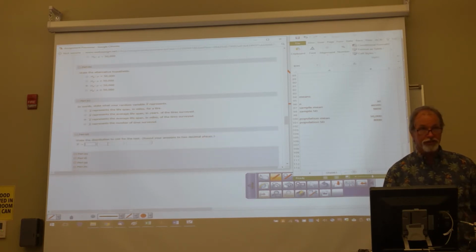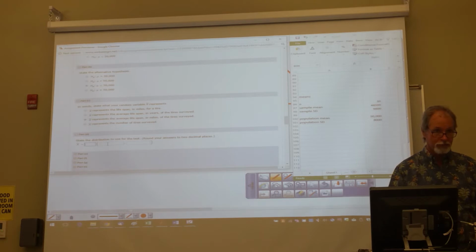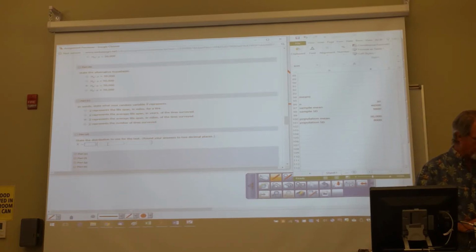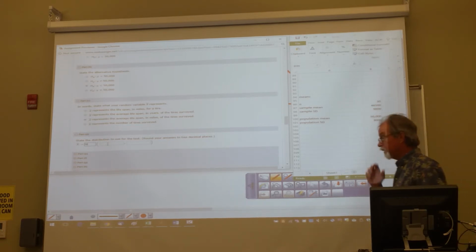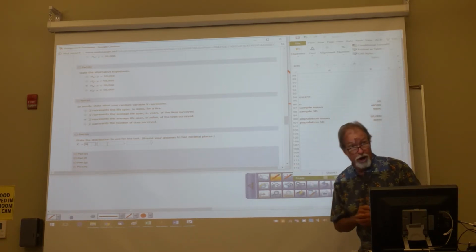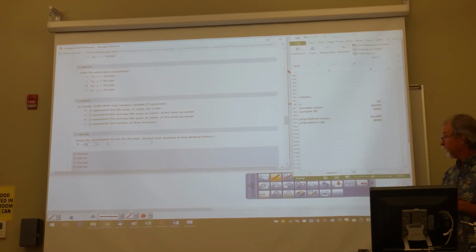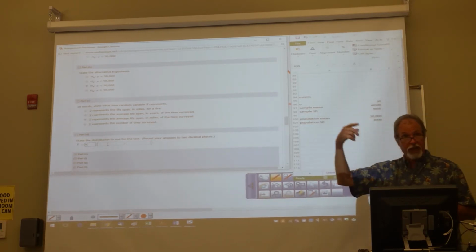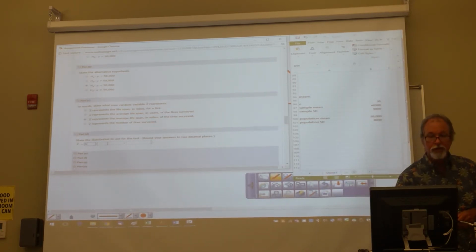I'm going to be using what table? The normal table. Why? Because we know the standard deviation of the population. I have this, so I'm using a normal table.